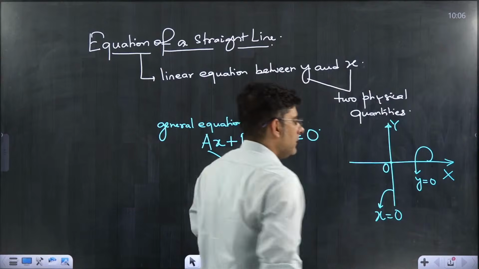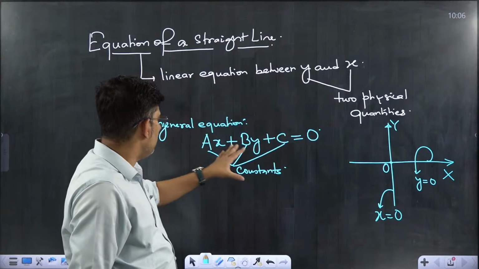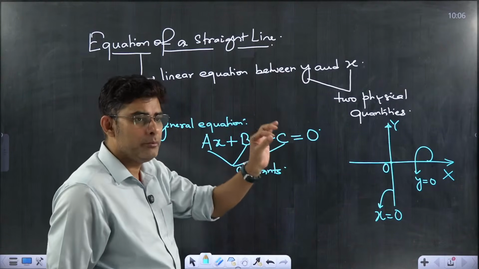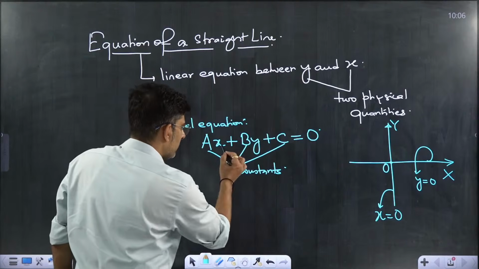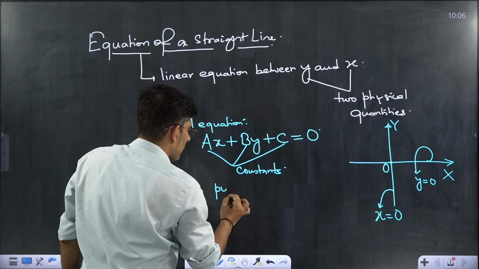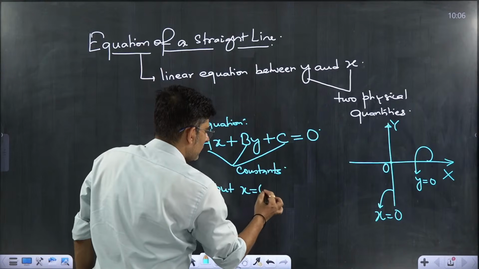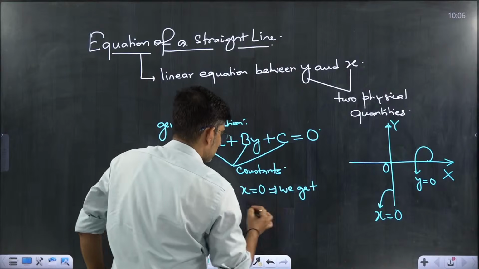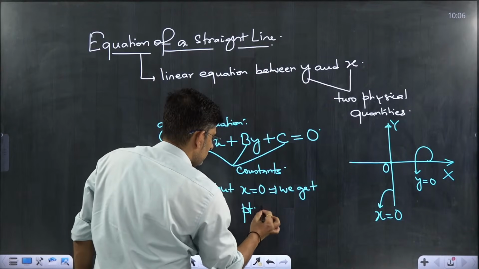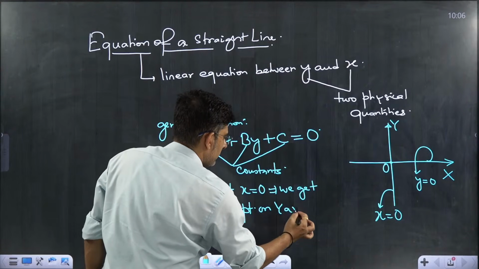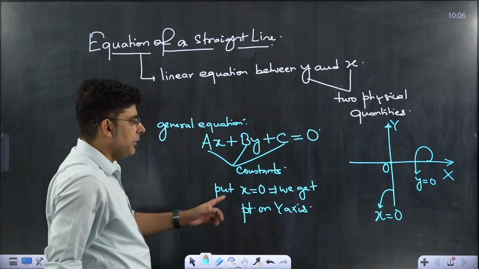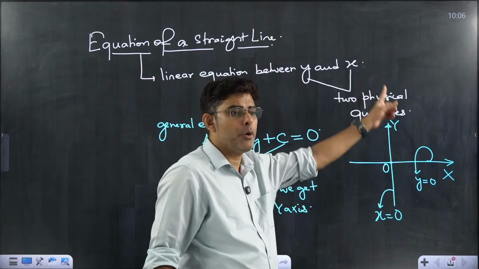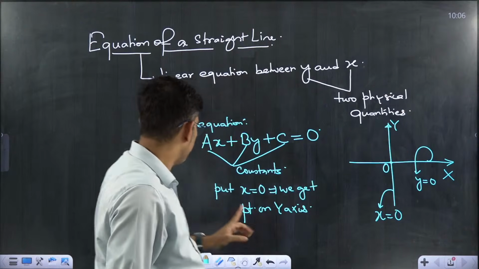So if you have to draw the line, first put x is equals to 0. If you put x is equals to 0, we get the point on y-axis, because when you put x is equals to 0, the point will lie on y-axis.